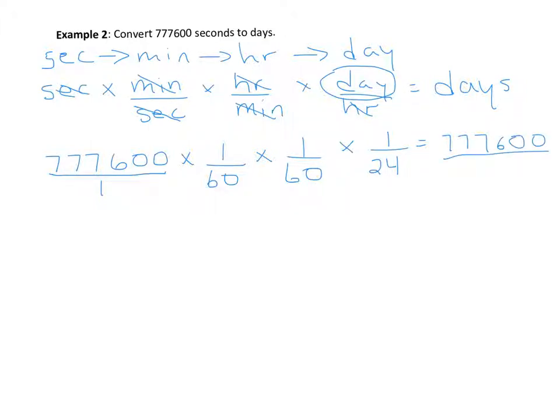And when I multiply 1 times 60 times 60 times 24, I get 86,400. And when I divide those two numbers, I get 9 days. And I'm writing my units down to be clear about what the units are for my final answer.